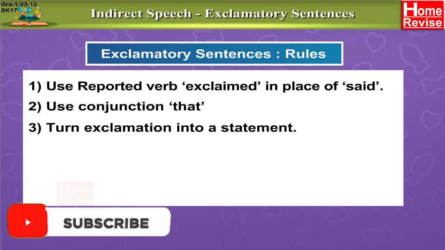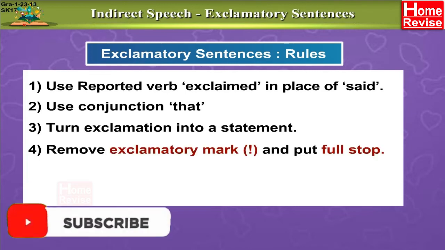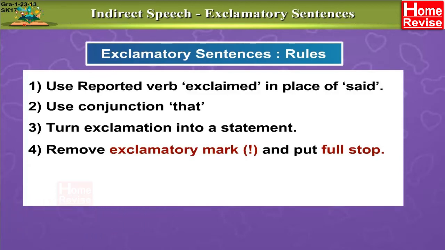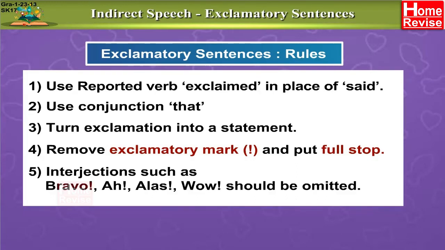And the exclamation mark is not to be used in reported speech. Also remember the most important rule that interjections like bravo, alas, wow should be omitted. Do not use these interjections in reported speech.